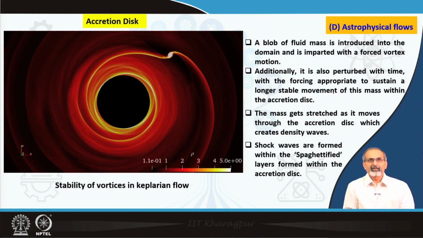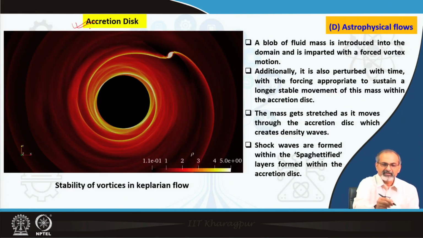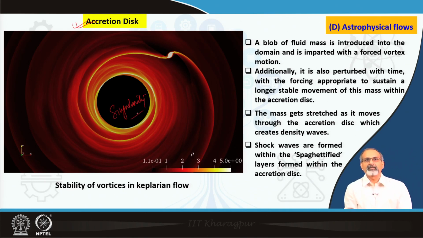We put up another example, that of an accretion disk, where we have a kind of singularity here at the center, and if you look at a region like this, notice that the brighter bands correspond to very large densities, and the darker bands are lower densities. A blob of fluid mass introduced into the domain is imparted with some forced vortex motion in that region that you see over there.